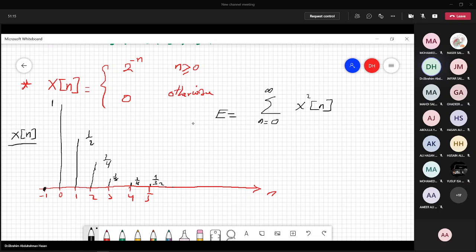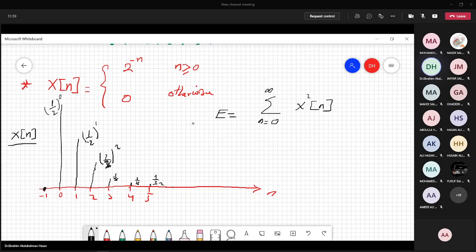What is the value of x square? So here it is 1. 1 معناته 1/2 to the power of 0. And this is 1/2 to the power of 1. This is 1/2 to the power of 2. Okay? Similarly, this is 1/2 to the power of 3.